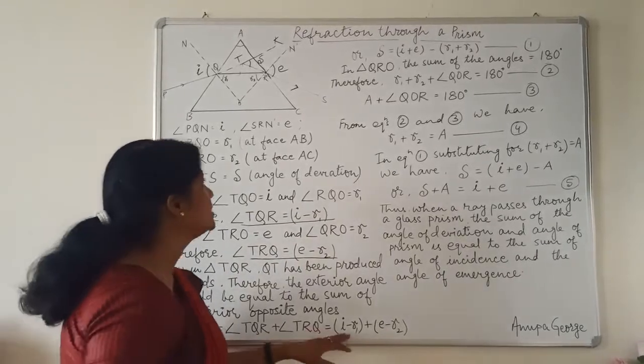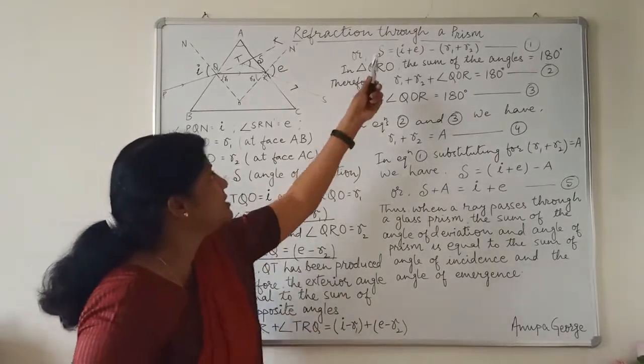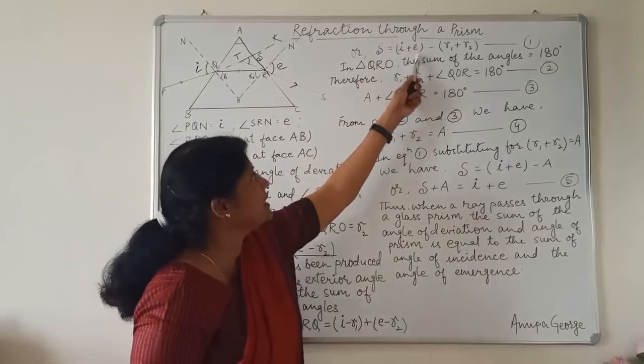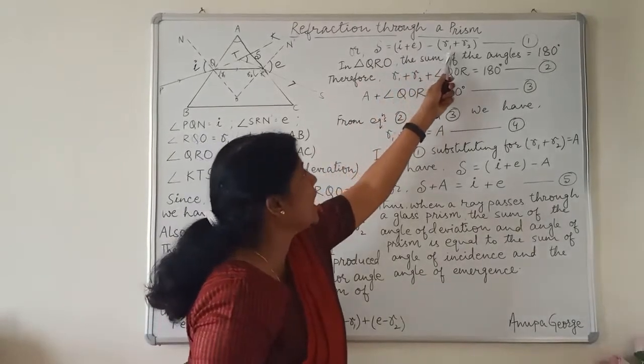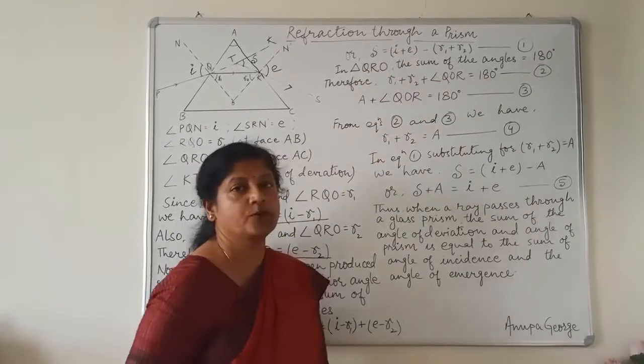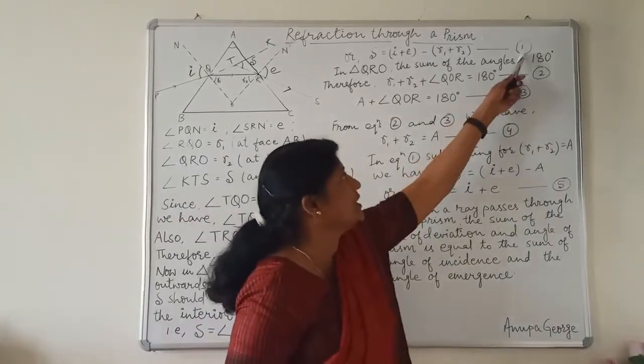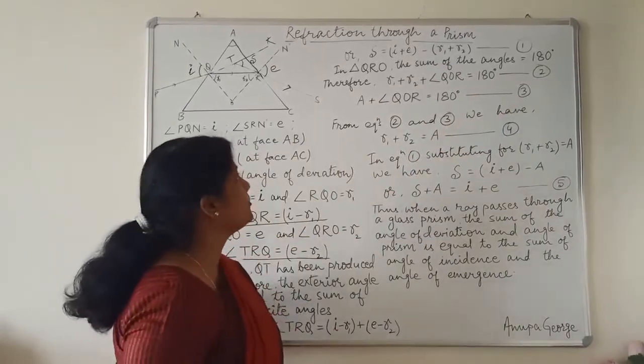Simplifying it, we can write delta is equal to I plus E minus (R1 plus R2). Put it as equation number 1.